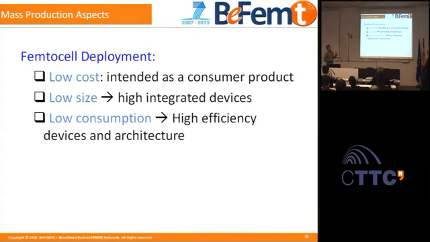And finally, you have to design taking into account a low consumption, because now we are developing green networks. So this is also an important point of view. You have to keep in mind these three aspects in order to design the hardware of the femtocell.